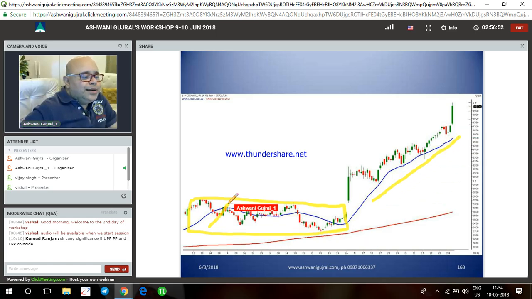If you try to do swing trading here, you will get all chopped up, because the 20 period average will stop the price from going down only when it's in a markup phase. This was the day when some McDowell results were announced, and see the kind of run it had.